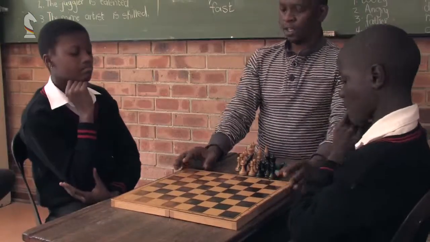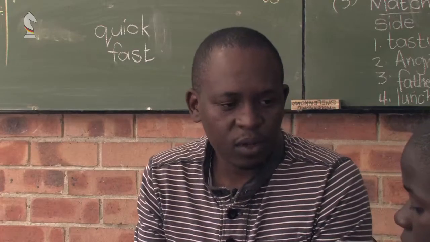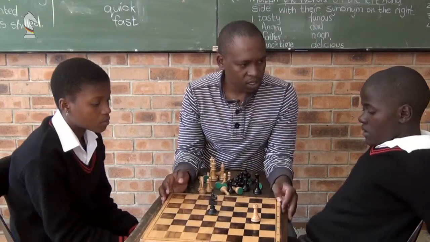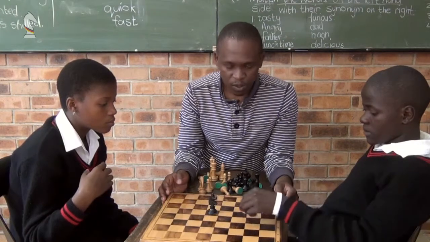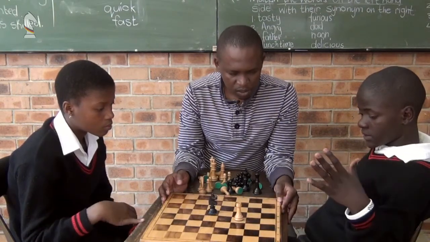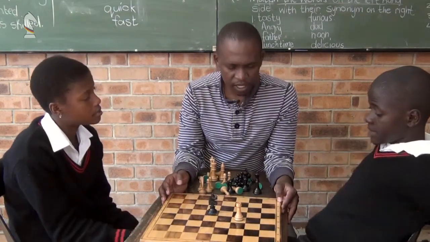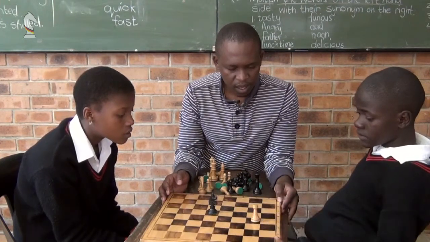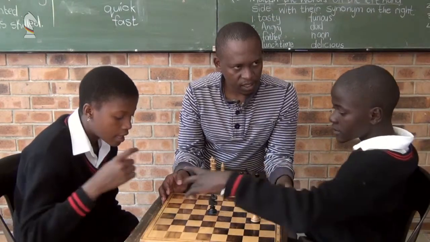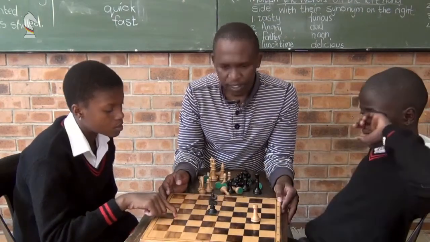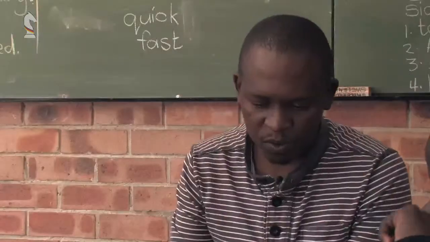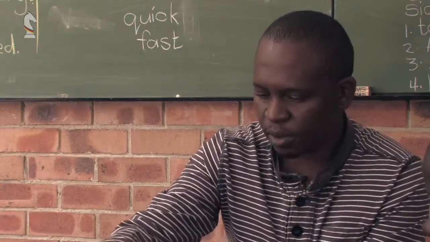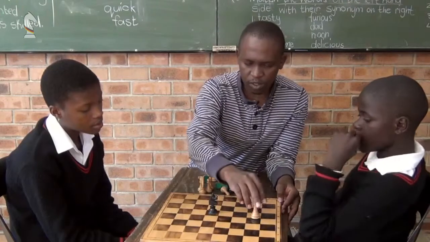D7. Okay. Tell me which is the worst move that can be done by a rook. It can move to E6 and E2. So that's the worst move, okay? So if it moves to E6, it can be captured by a knight, and move to E2.